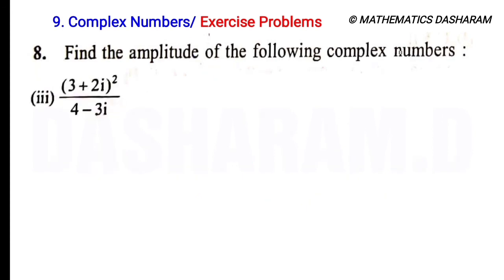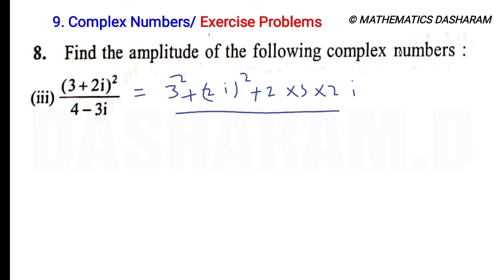Third problem, 3 plus 2i whole square divided by 4 minus 3i. Apply the a plus b whole square form for the numerator: 3 square plus 2i whole square plus 2 into 3 into 2i, divided by 4 minus 3i.